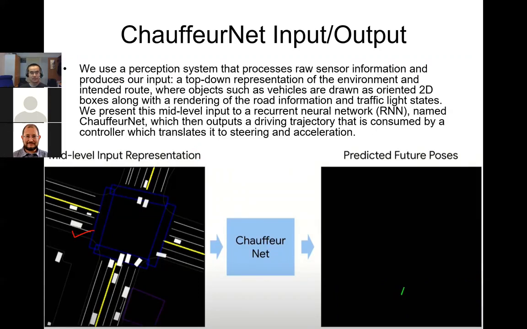So we present this mid-level input to a recurrent neural network named ChauffeurNet, which then outputs a driving trajectory that's consumed by a controller, which translates it into steering and acceleration.